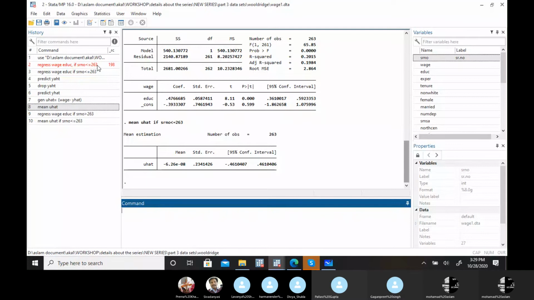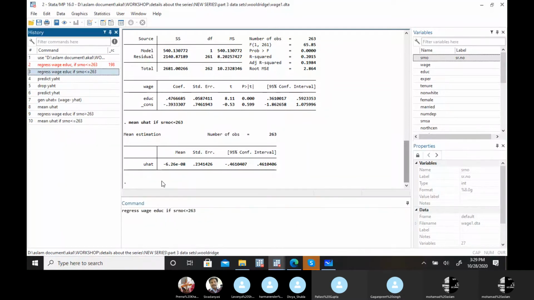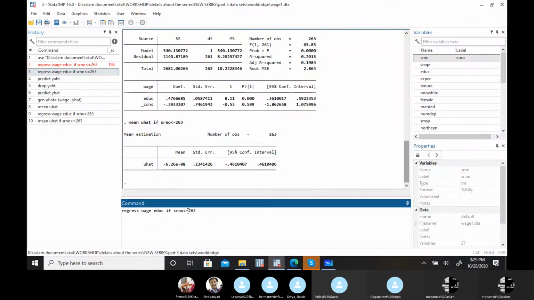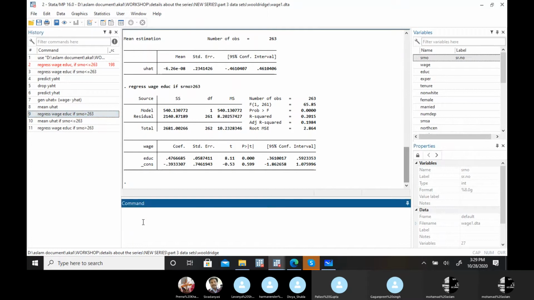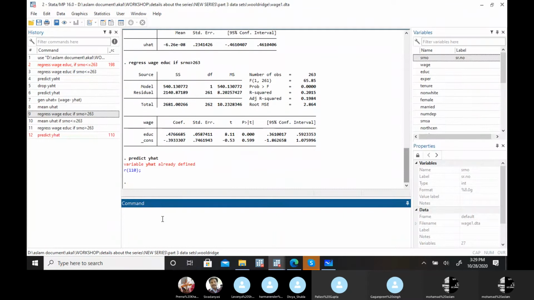So now do the same exercise for the remaining part. Now it's greater than 263. Now again, I need to predict y hat.